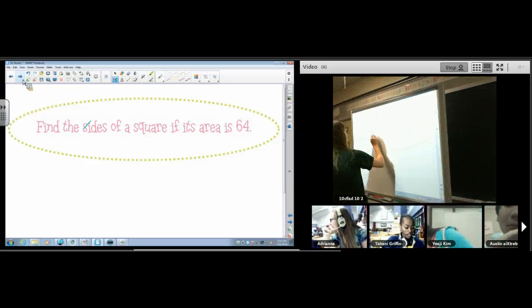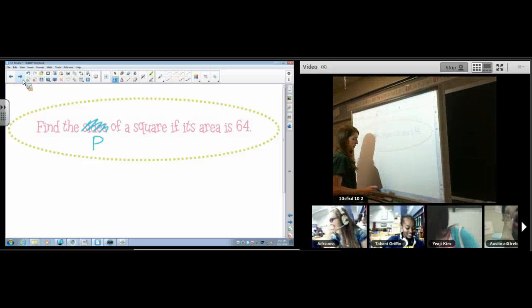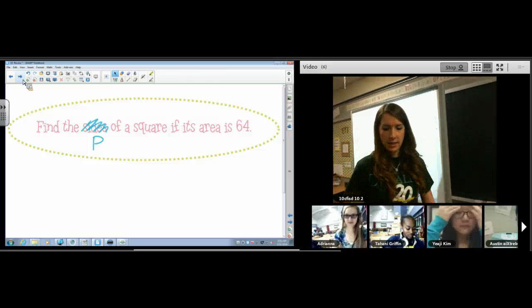Let's find the perimeter of a square if its area is 64.